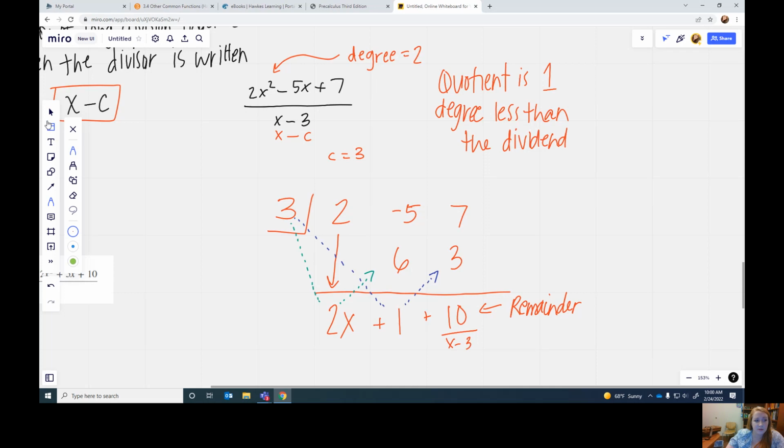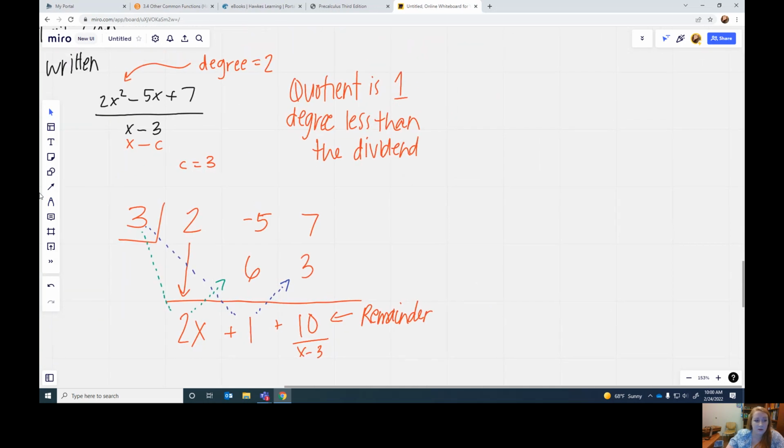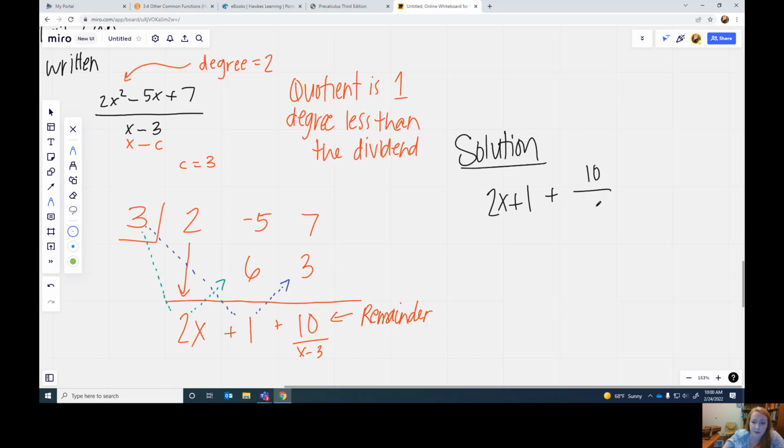So there's our solution. Our solution, for the problem I made up, is 2x plus 1 plus our remainder over our divisor.